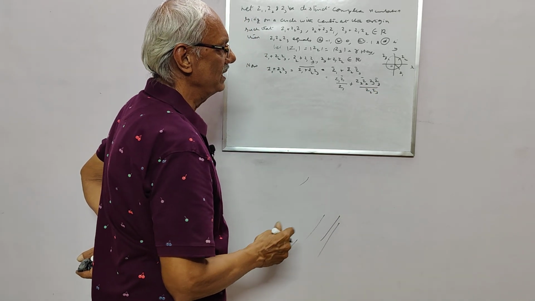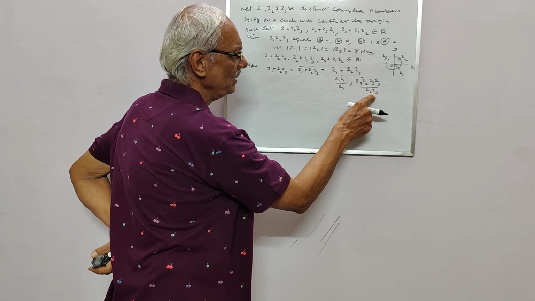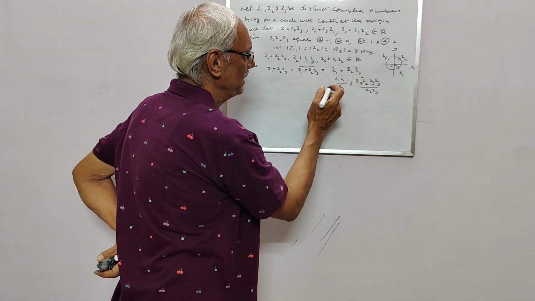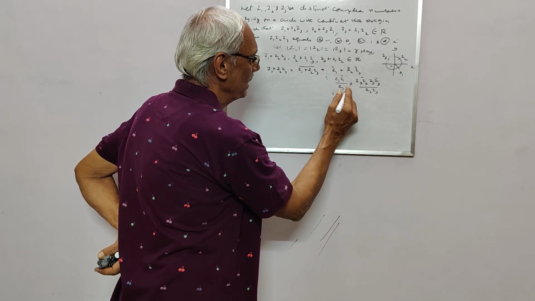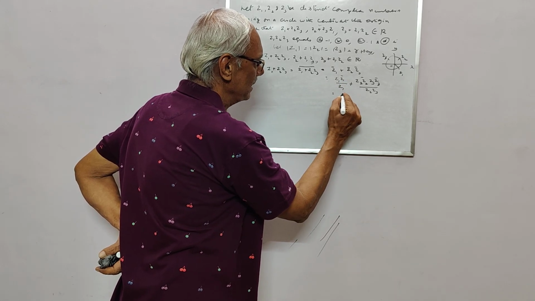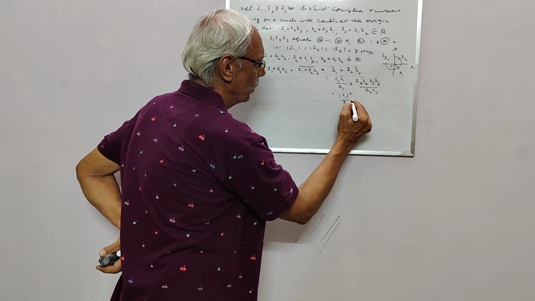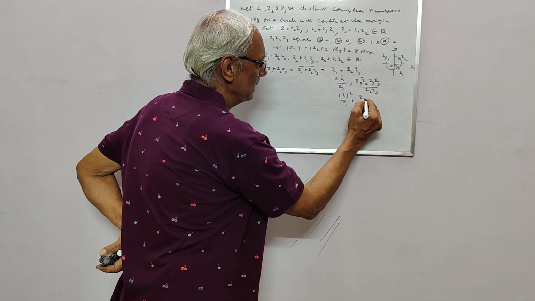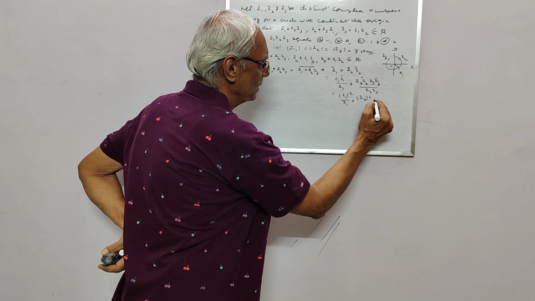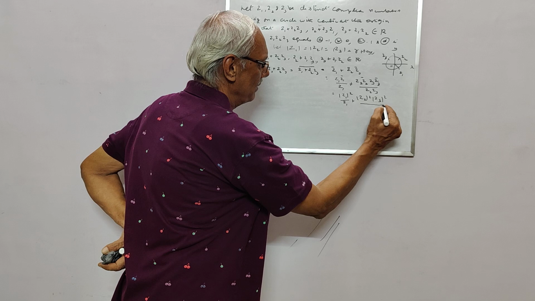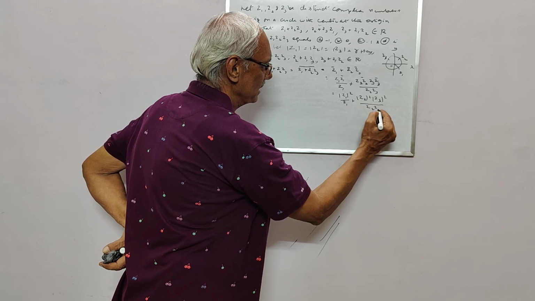So I multiply and divide by z2 z3, and here by z1. So you see that this is nothing but modulus of z1 squared divided by z1, plus modulus of z2 squared and modulus of z3 squared divided by z2 z3.